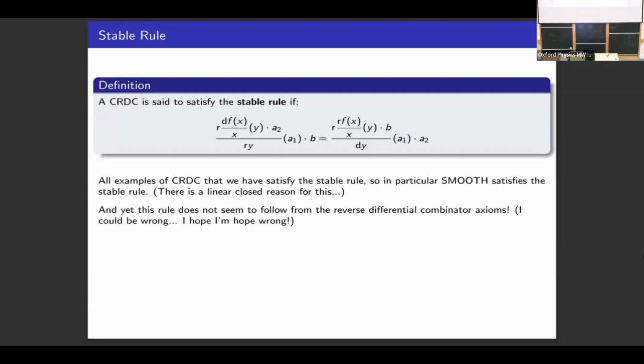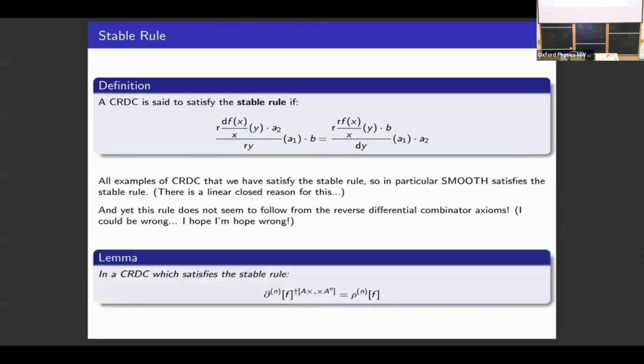And as far as I know, all our examples hold, and I would very much like to be wrong and have this be redundant, but I can't prove it using the axioms that we've introduced in our first paper. Potentially the reason is that we didn't look at higher order reverse derivatives. Anyways, if you've got the stable rule, then the higher order forward derivative has as its linear transpose the higher order reverse derivative.